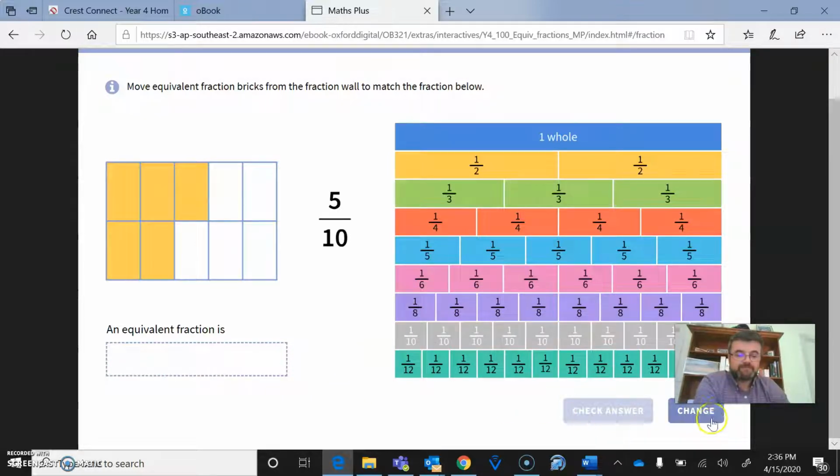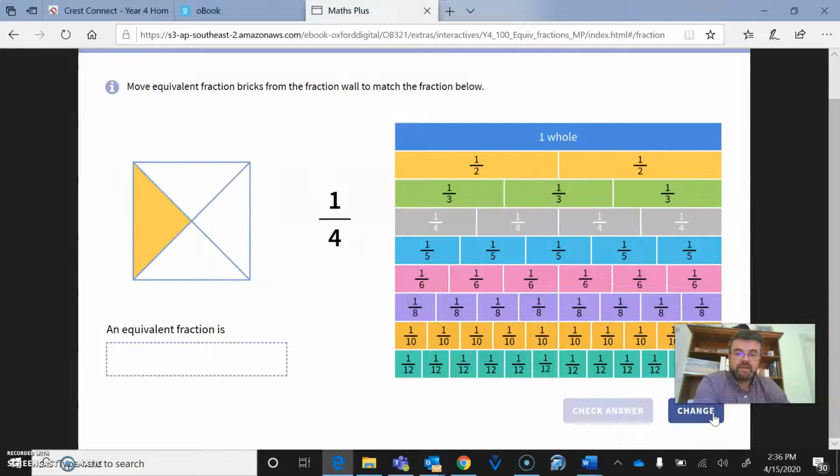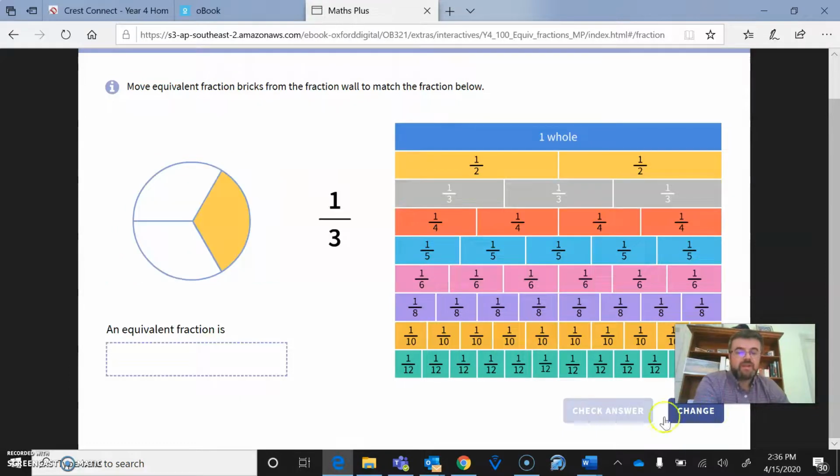Right, let's go to another screen that I want to share with you. Okay, brilliant. Now, here on the right side, you have a given fraction, 1/3. Here you have a visual representation of this fraction. And then what we need to do is to figure out equivalent fractions from what I call a fraction wall.